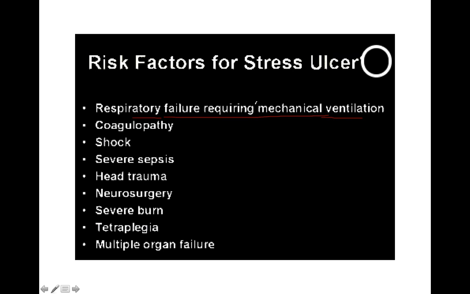So in all of these patients, whether the patient has severe burns, or had trauma, or is undergoing neurosurgery, or has paraplegia and cannot move, or is in shock, we require prophylaxis against stress ulcers by giving the patient PPI. But this is the most important risk factor.